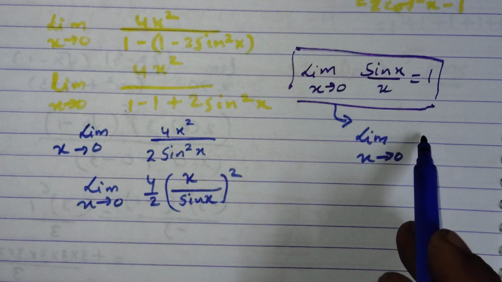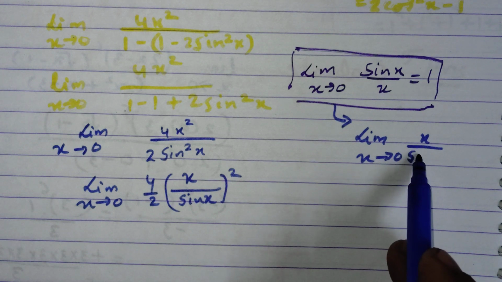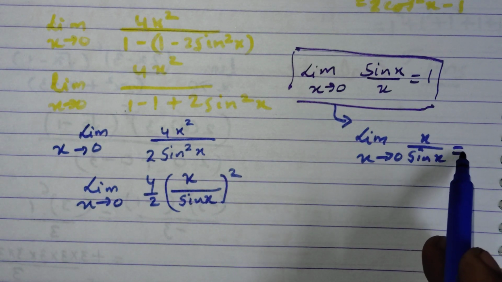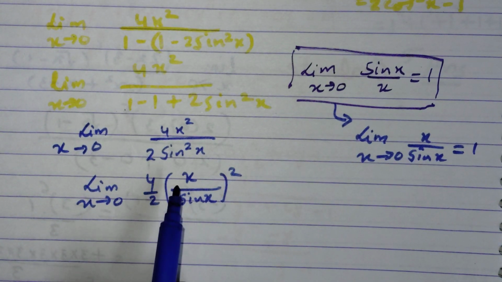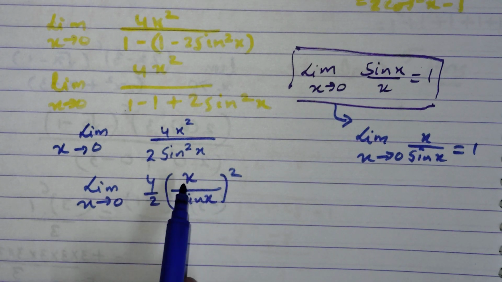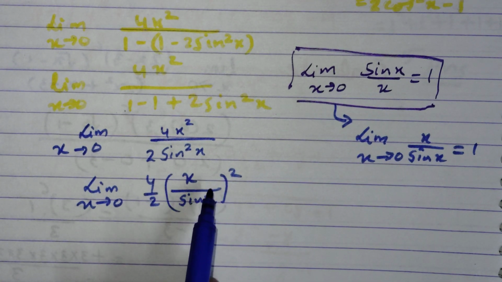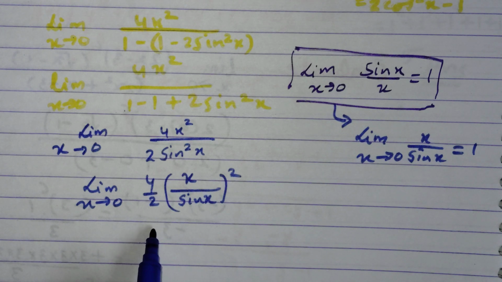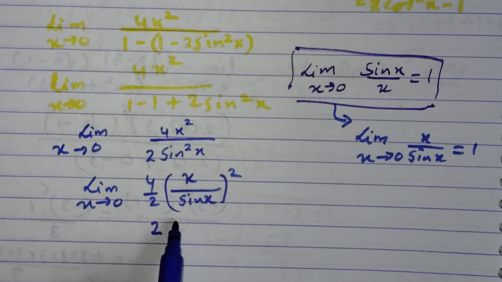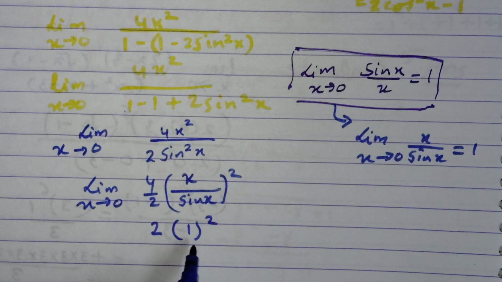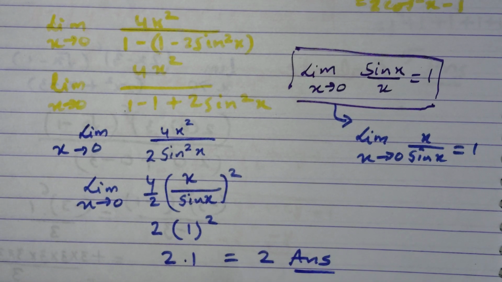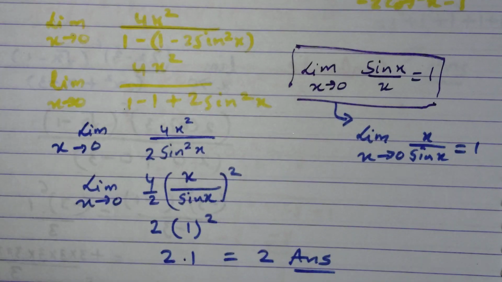It means numerator and denominator change on both sides. So x upon sin x is also equal to 1. So this x upon sin x whole square becomes 1 square. 4 upon 2 becomes 2 after plugging in the limits. So 2 into 1 square is 2. So the answer is 2 for this trigonometric limit problem.